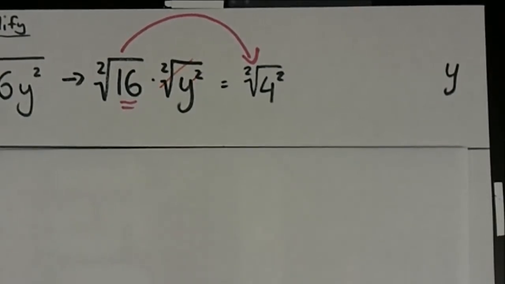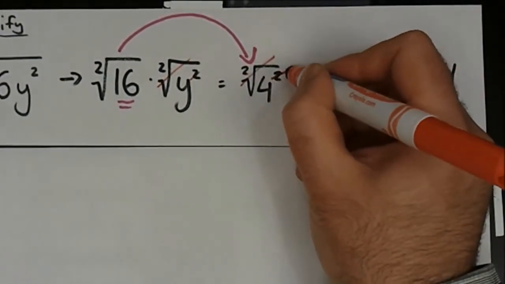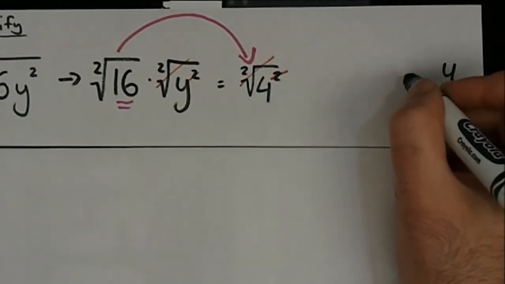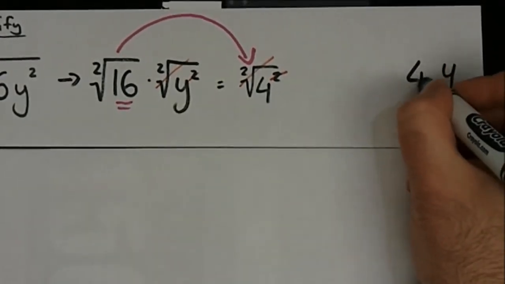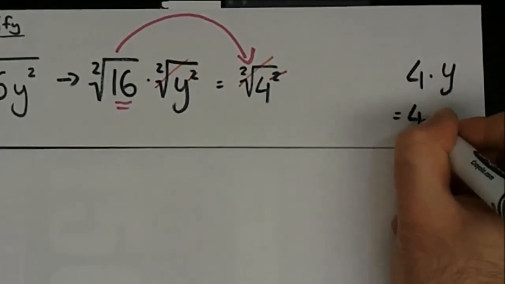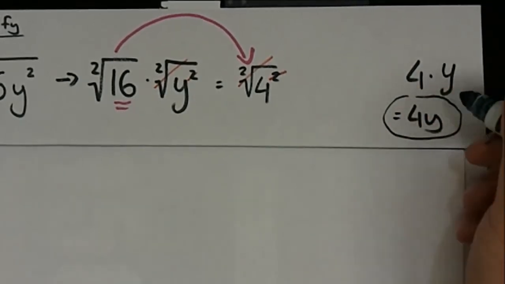I can cancel the radical to the second power and the exponent to the second power. They're opposites. So what am I left with? Just a 4, which now joins the y. So it's 4 times y, or simply 4y. And that's the answer to that problem.